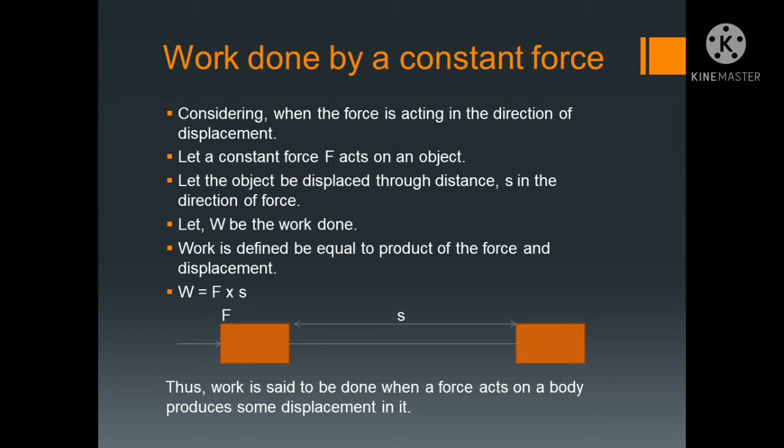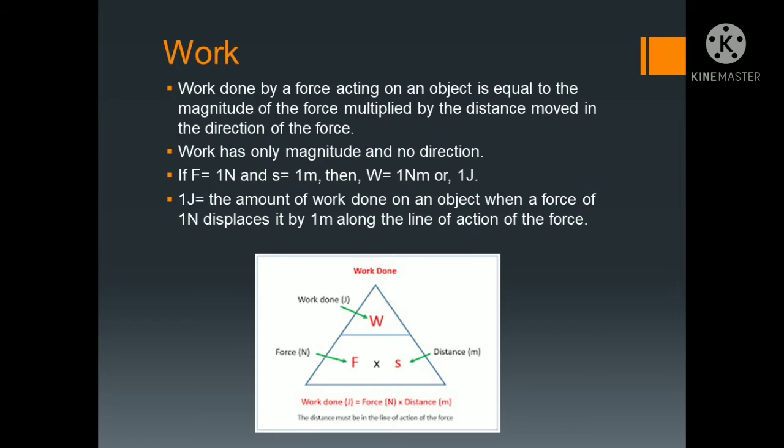Now we'll get the idea of work. Work done by a force acting on an object is equal to the magnitude of the force multiplied by the distance moved in the direction of the force. So by the scientific definition, or a physicist's definition, you have to write it this way.